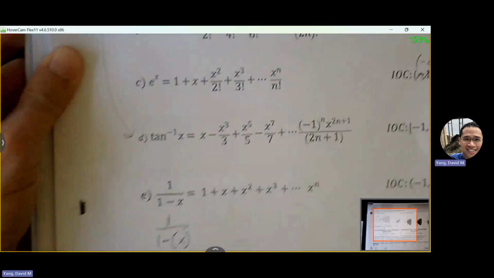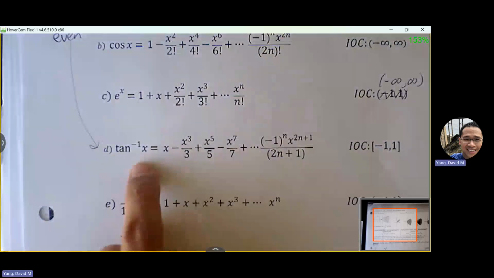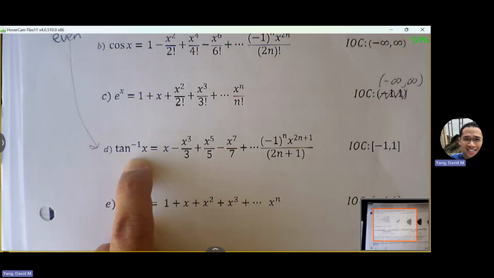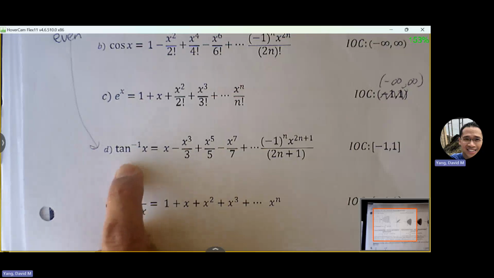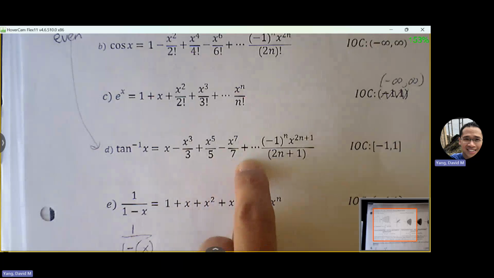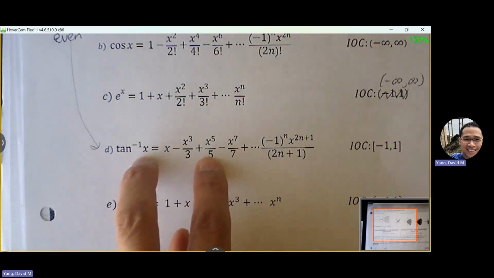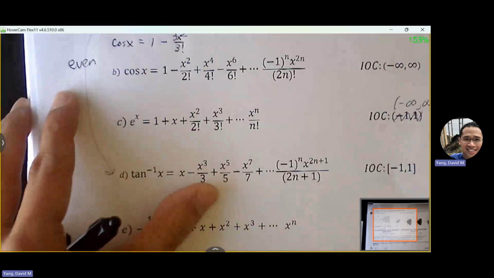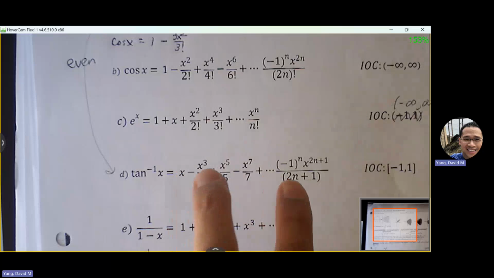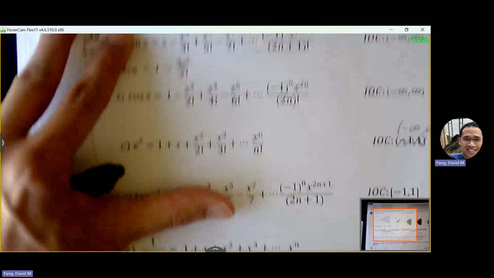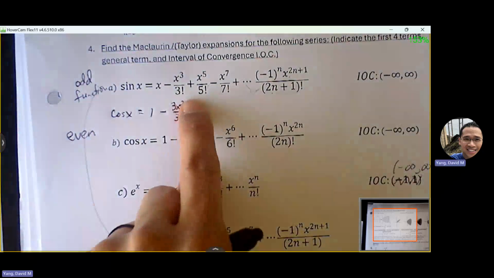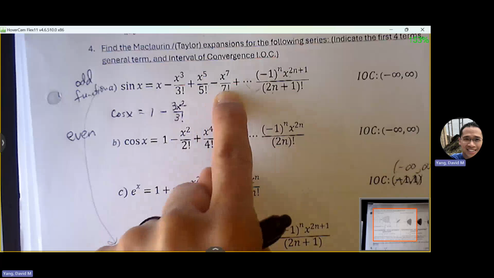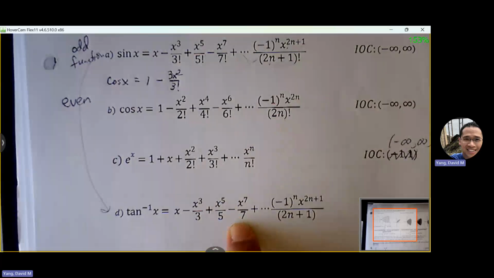For inverse tangent of x, there is a proof to this, and that's involving doing a geometric series for the derivative of inverse. I can show you that form if you like, but I think it's easier to just know, okay, this one, basically the pattern is look at your sign, strip away all the factorials, and you basically have your inverse tangent.